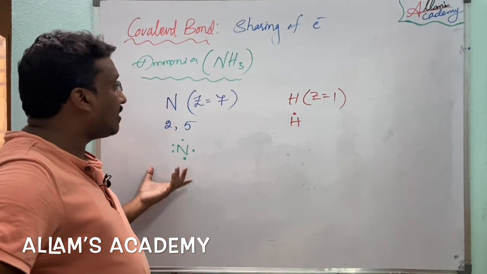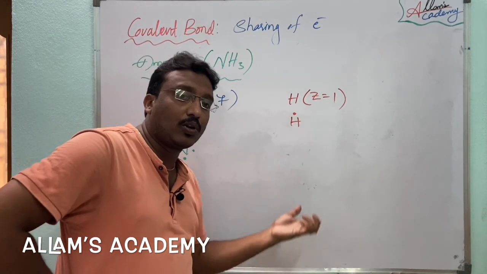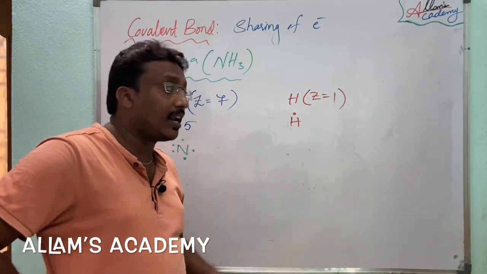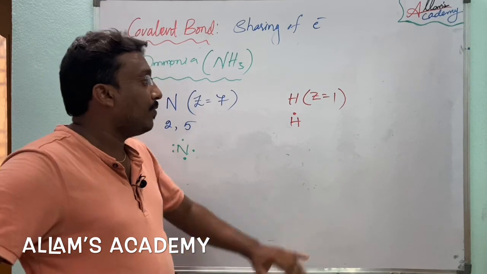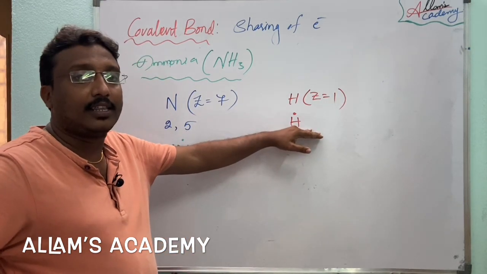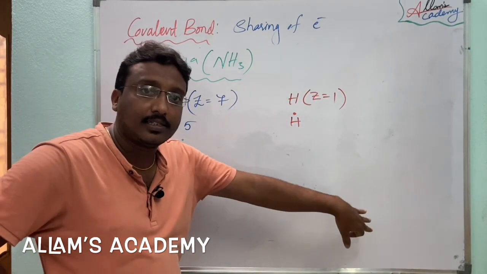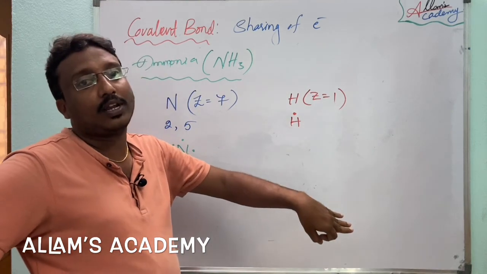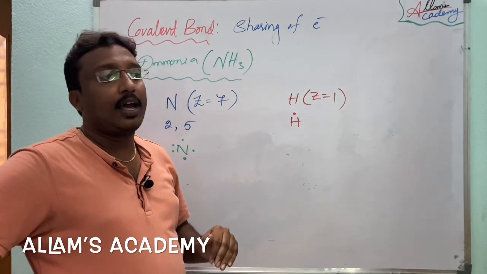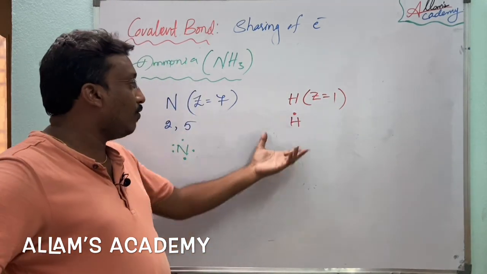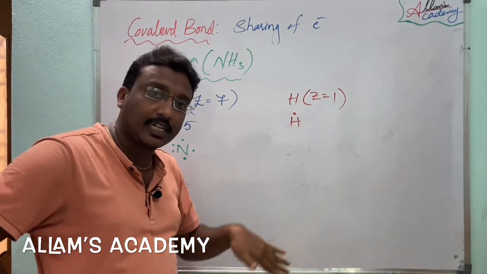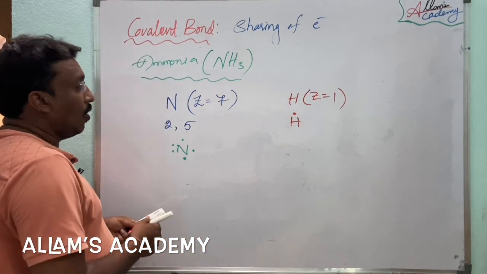Then nitrogen asks hydrogen, I want 3 electrons, you have only 1 electron. Then this fellow says, I have 3 brothers, and the 3 brothers also require 1 electron each. I will bring those brothers, and we 3 and you can share. Who are these brothers?